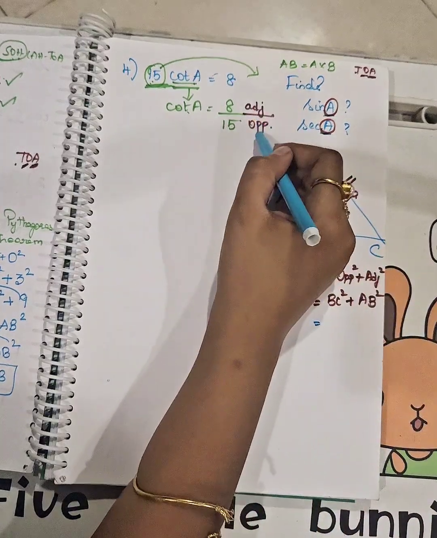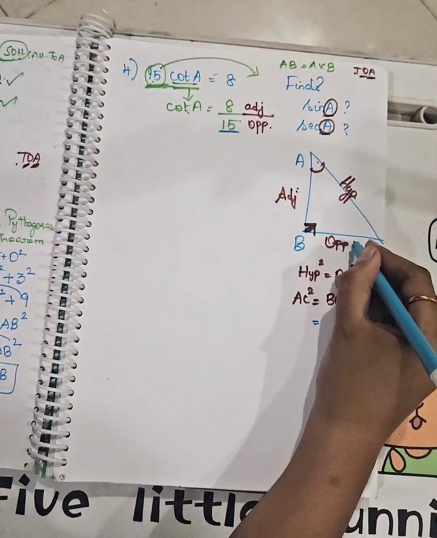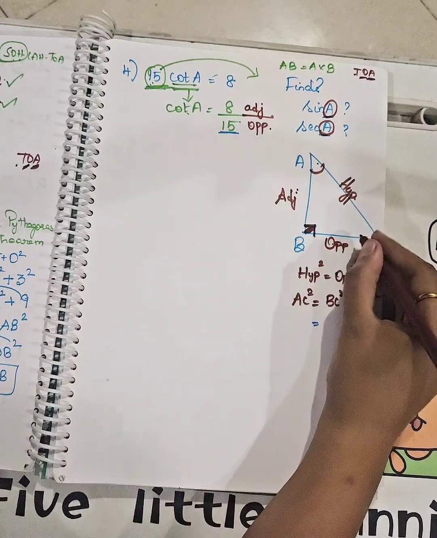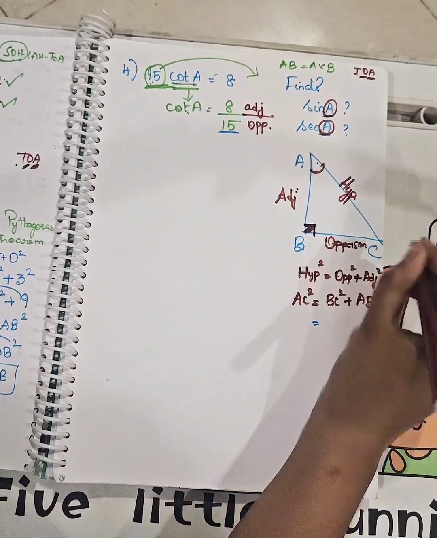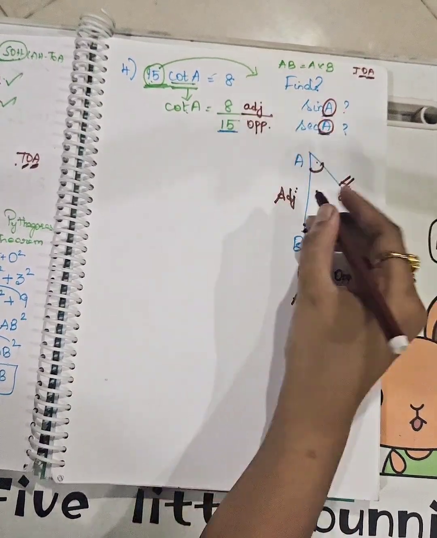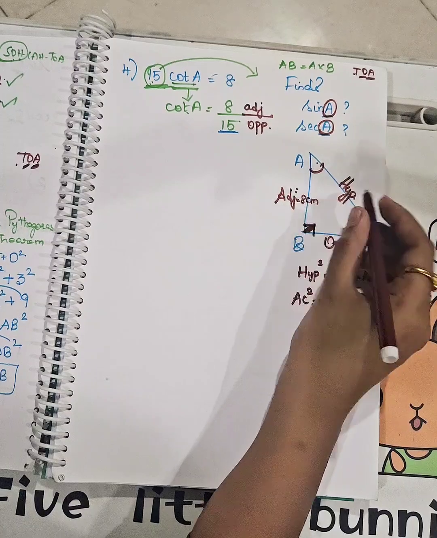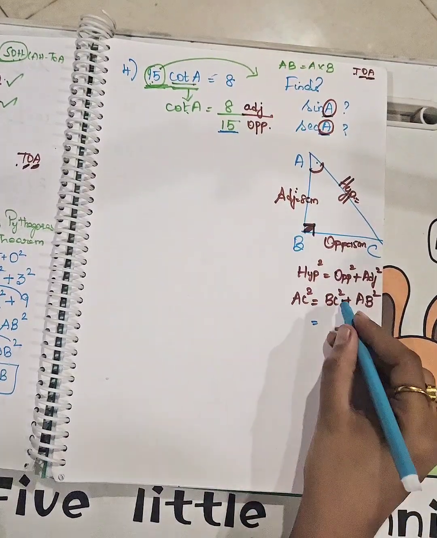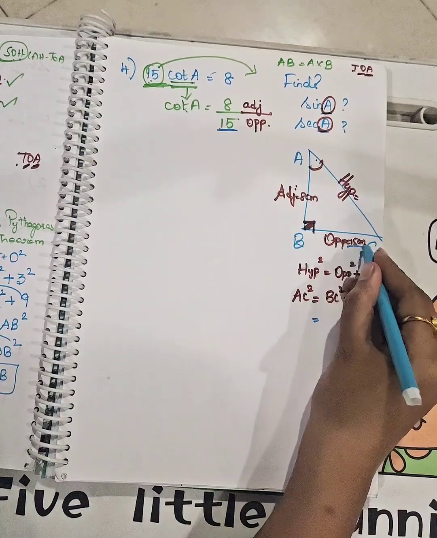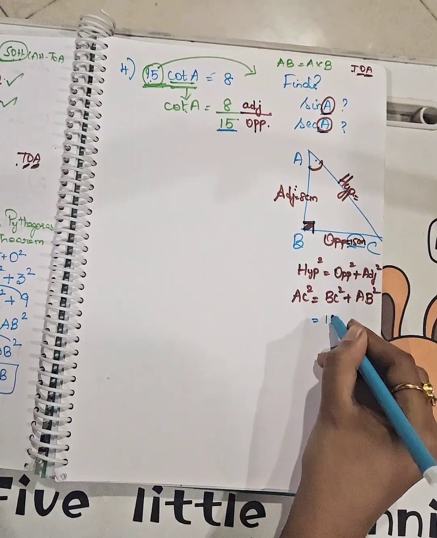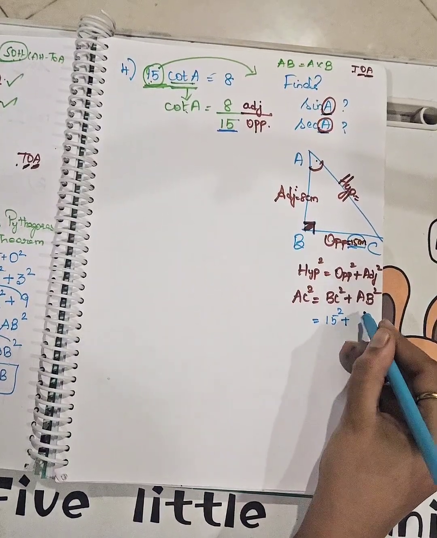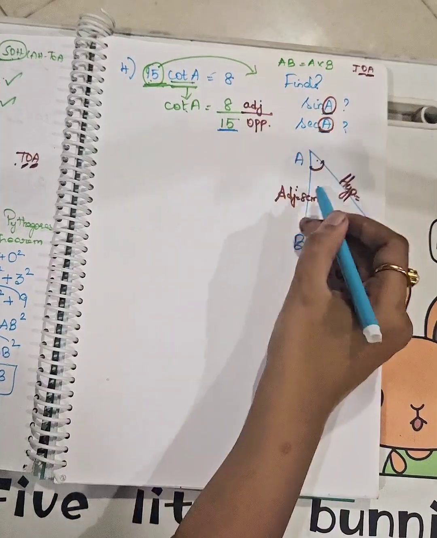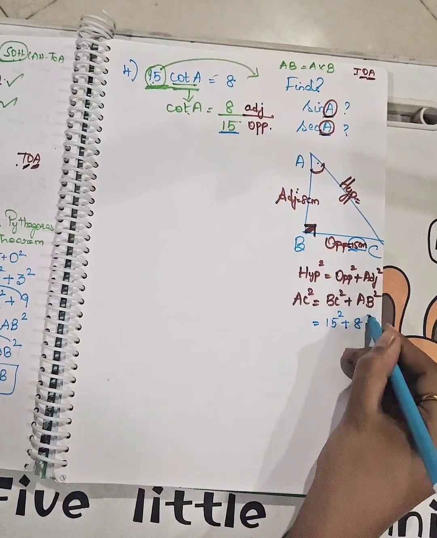Yes, opposite is given, 15 centimeter. What about adjacent? That is also given, 8 centimeter. So what should we find? Hypotenuse. So the given values are BC, that is 15 square, and AB, that is adjacent, 8 square.